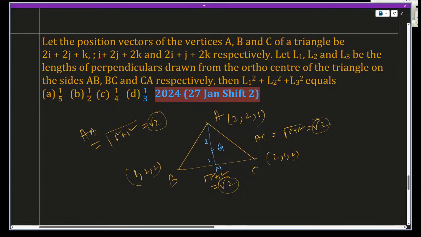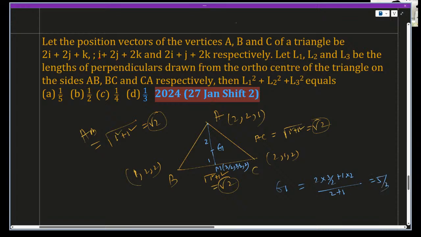Okay? Orthocenter is G only, or O, whatever you say. M's coordinate you write. This is 3/2, 3/2 and 2. So G will be what? 2 into 3/2 plus 1 into 2, divided by 2 plus 1.